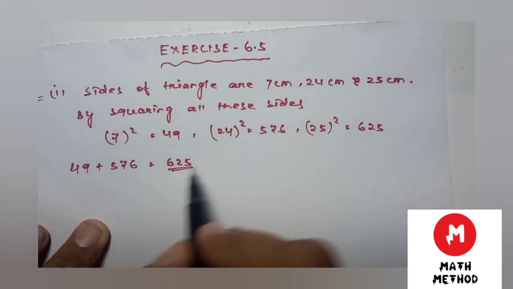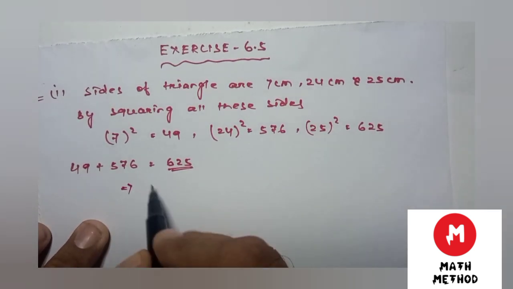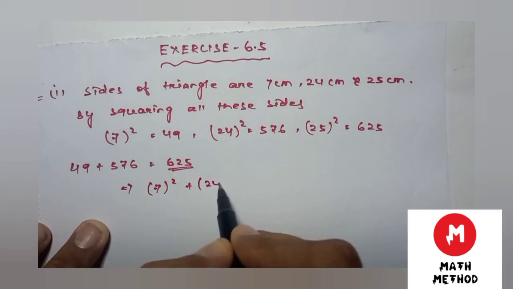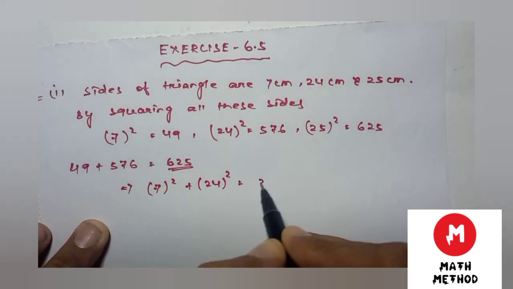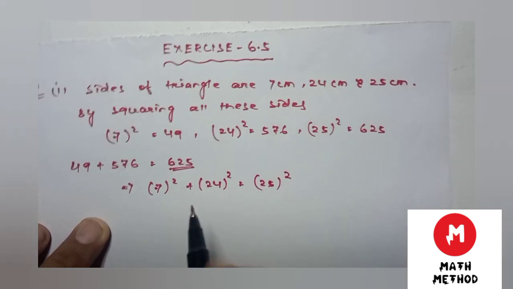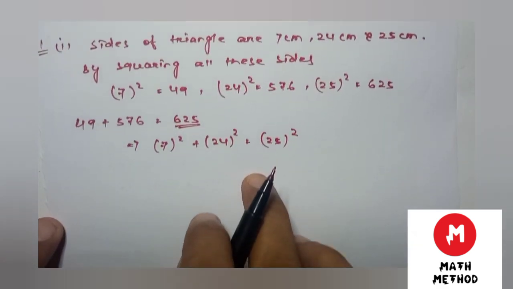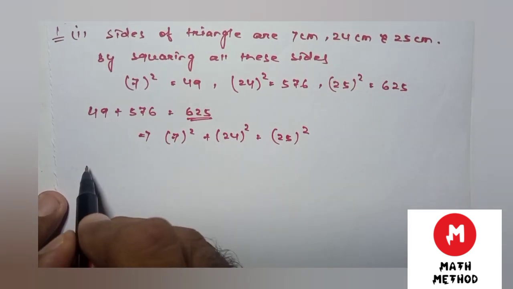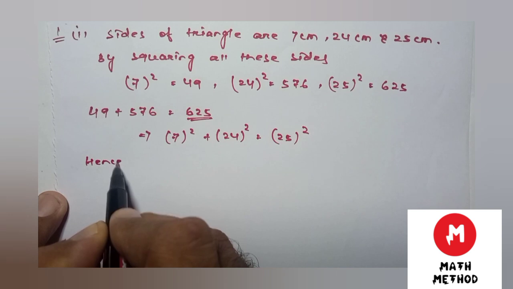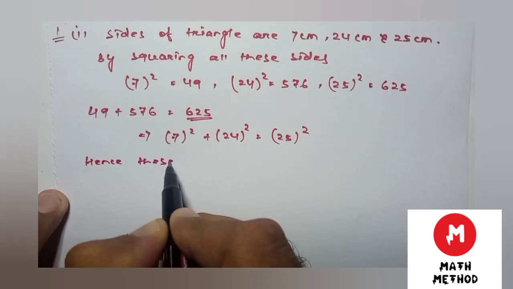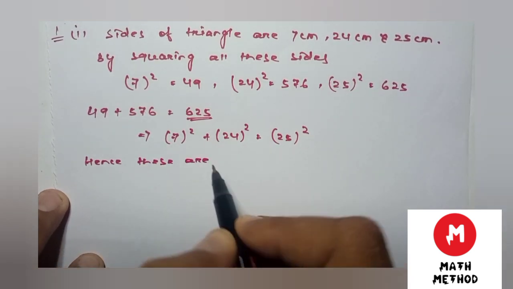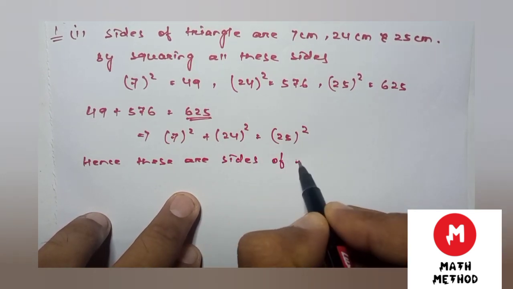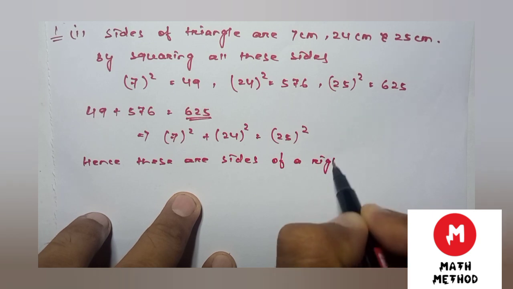Now here 7 square plus 24 square is equal to 25 square. So this is a right angle triangle, hence these are sides of a right angle triangle.